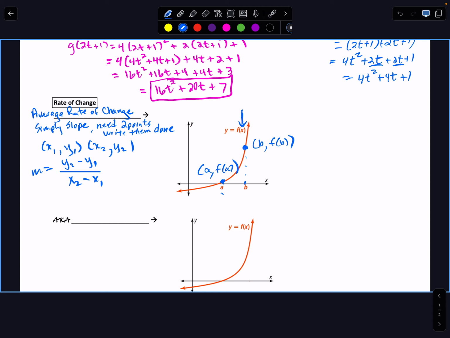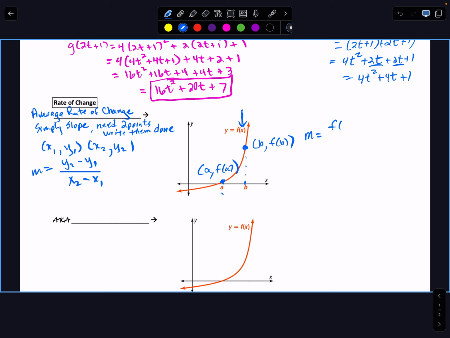And so for the slope, I'm going to let the point with b be x sub 2, y sub 2. So take f of b minus f of a, and that goes in the top. And then b minus a goes in the denominator.